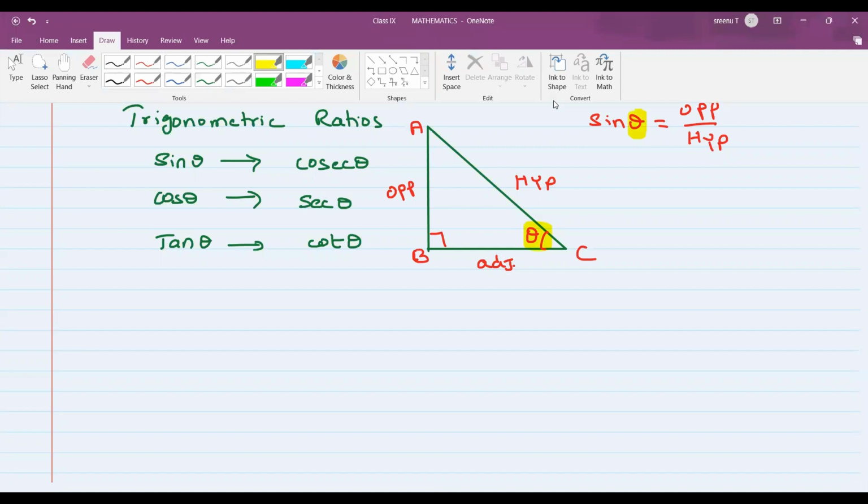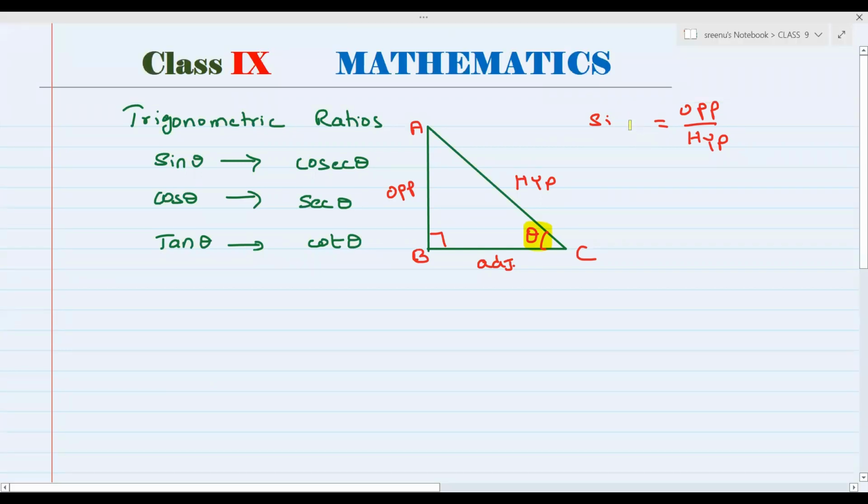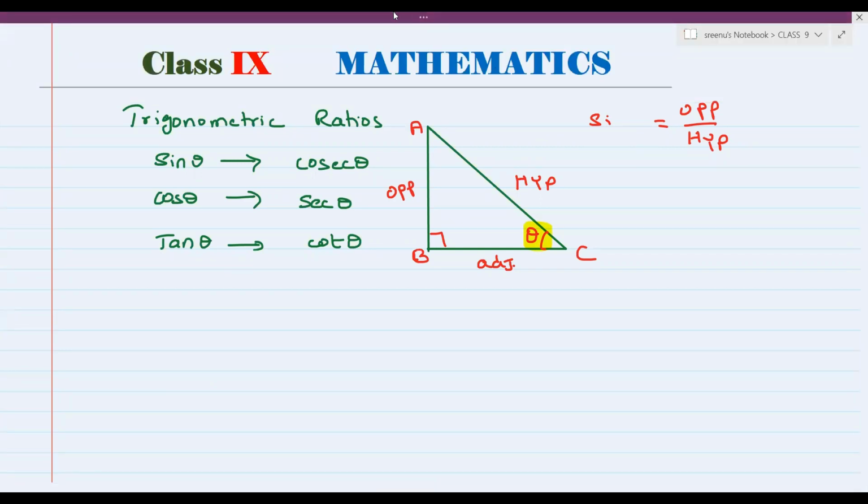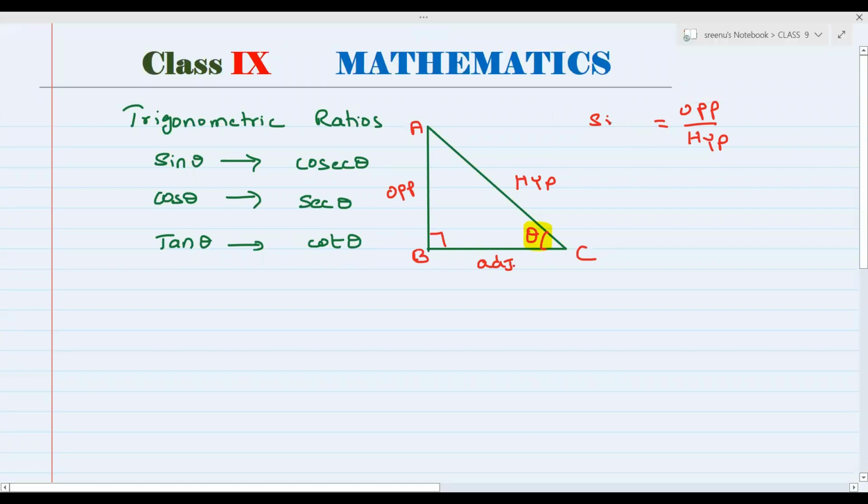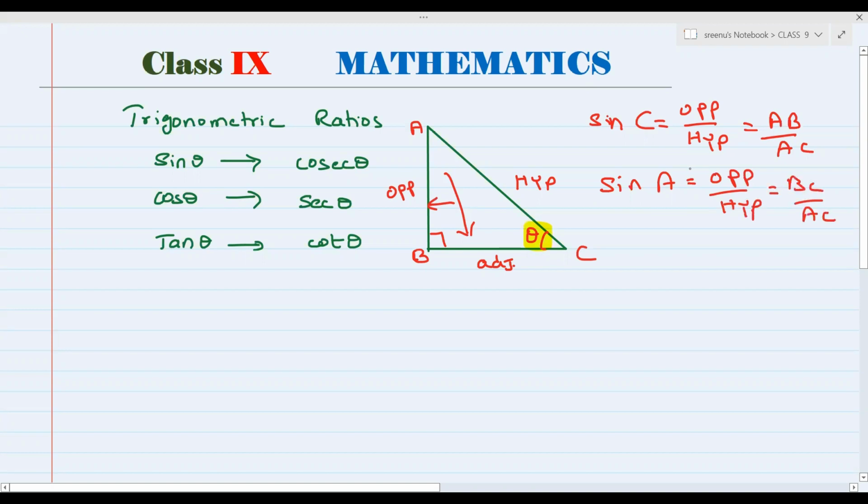That means sin C, defined according to angle C, will come as AB by AC. If I define according to sin A, then this will be the opposite, this will be the adjacent, and the hypotenuse is the same. Opposite and hypotenuse. Hypotenuse won't change. You will get BC by AC.